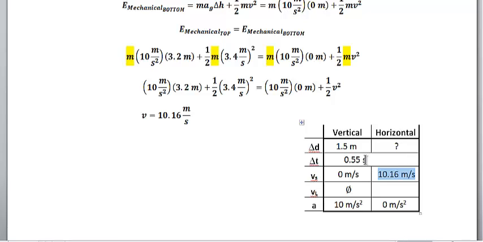So that means, now that I know the time, I again don't care about velocity later, and I would use violet again. And when I plug that in, I get that the kid traveled 5.6 meters. And that's all there is to that one. It was a conservation of energy problem followed by a kinematics problem. That's all there is.